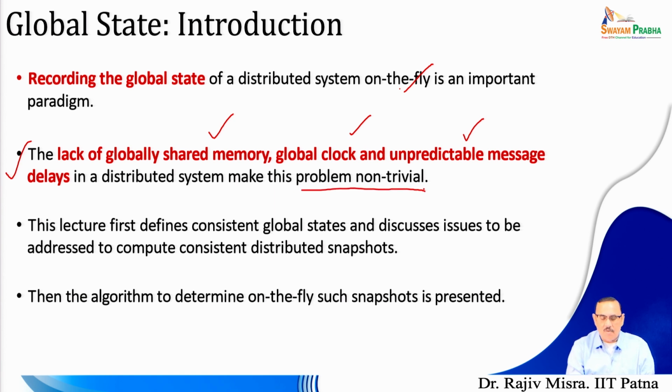Under this model, taking the global snapshot becomes non-trivial. So, first we will define consistent global states and discuss the issues to be addressed to compute consistent distributed snapshots, and then we will discuss the algorithm to determine such snapshots on the fly.